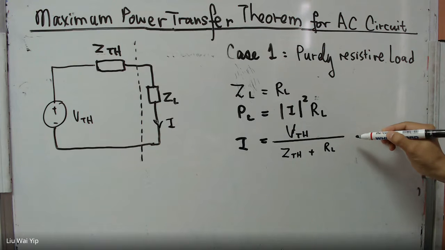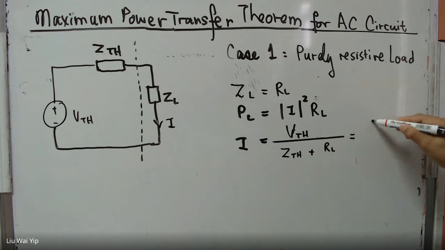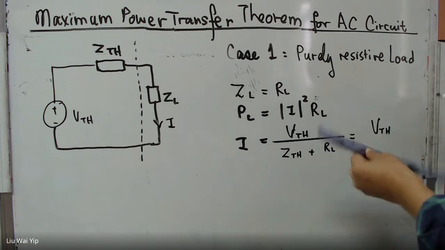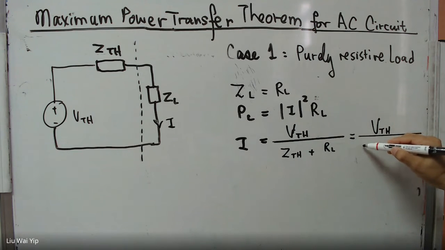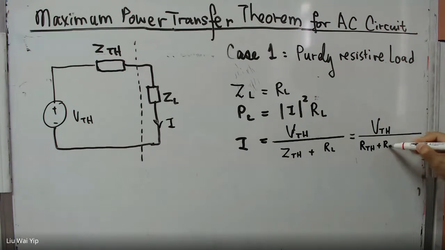So the best thing that we do is to write down clearly RTH plus RL, and then jXTH.